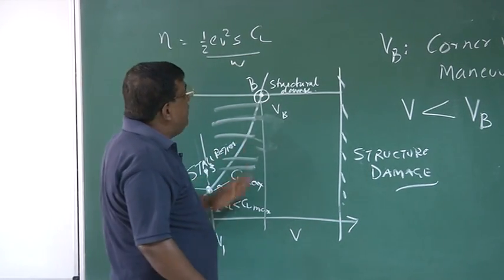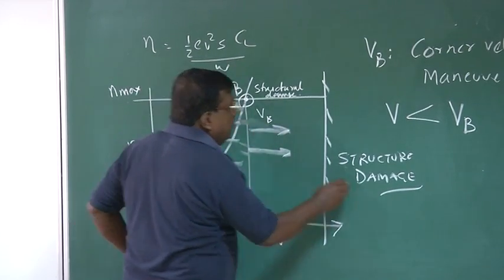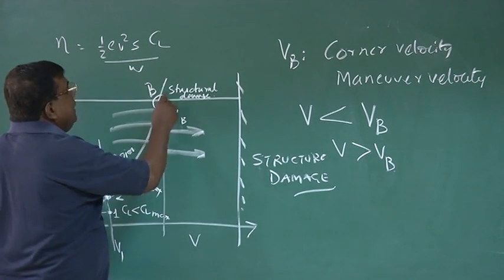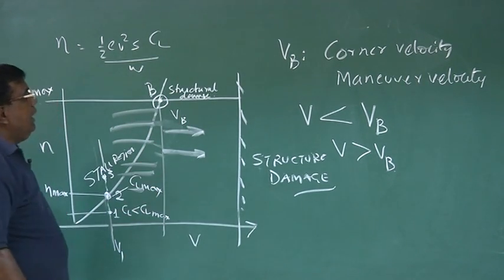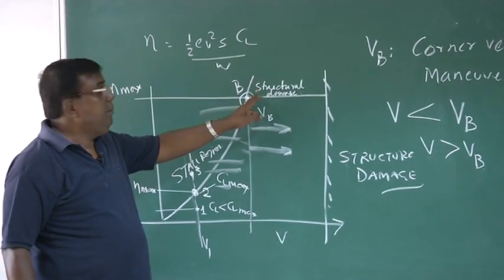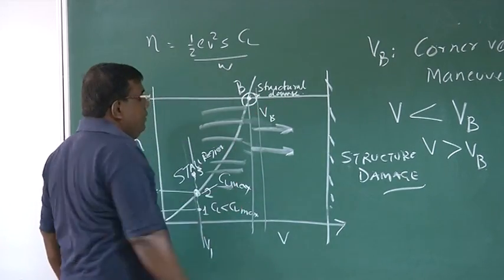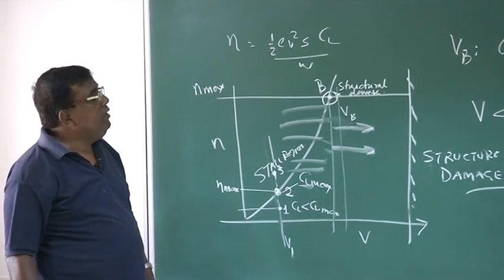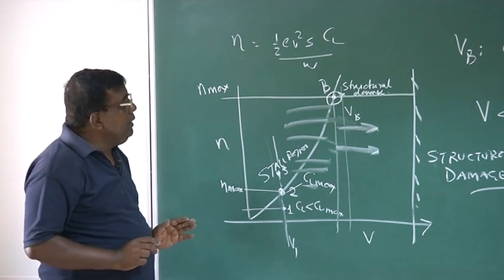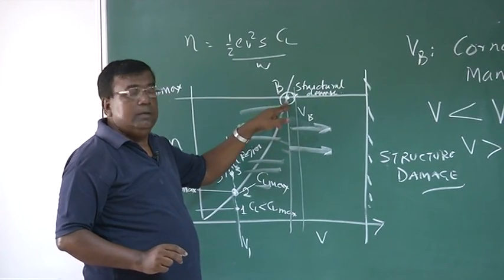But if I am flying in this region, that is when V is greater than VB, then there is every possibility I can damage the structure. Okay, because once I try to fly here, I am going into that region which will cause structural damage. That is why this VB is very important. The pilot will be aware of this speed.